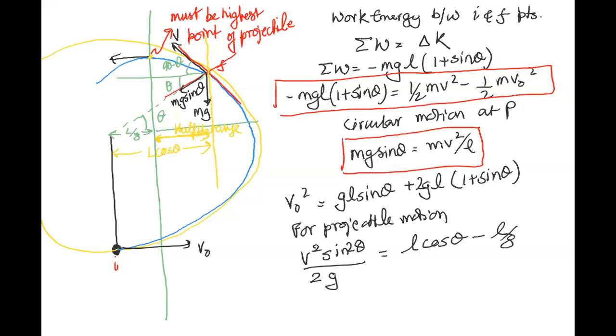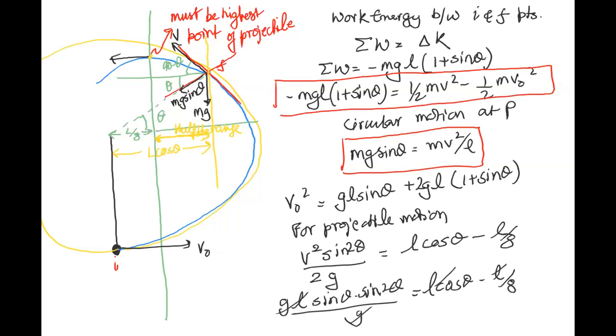I can put the value of v square here. gL sin theta sin 2 theta upon 2g is equal to L cosine theta minus L by 8. So gL cancels out and I get a hopefully simple trigonometric equation.